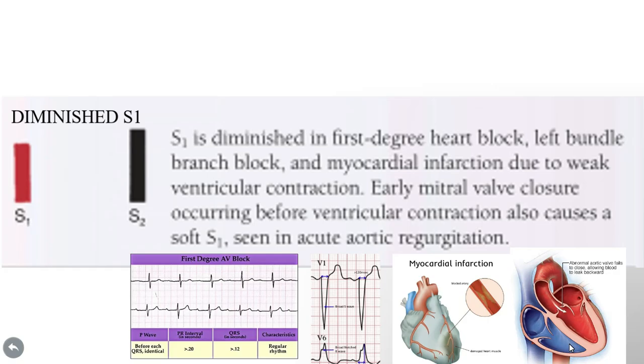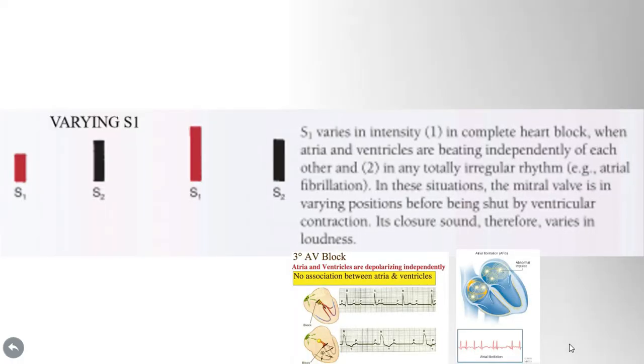Varying S1 is due to complete heart block, when there is no connection between the atrium and ventricle, or atrial fibrillation.